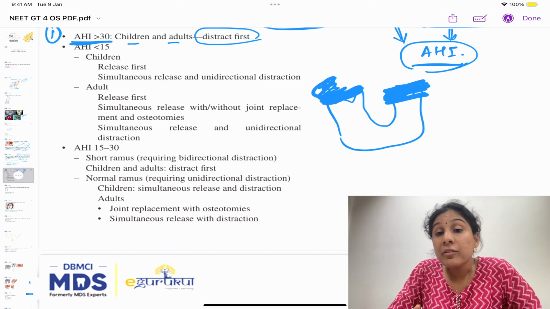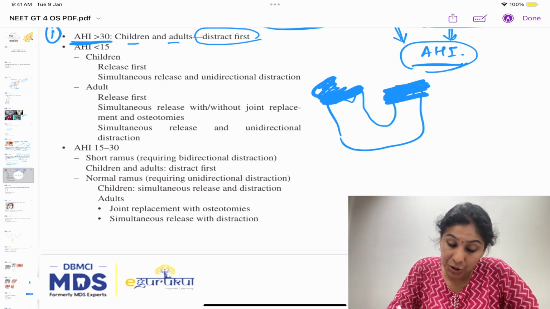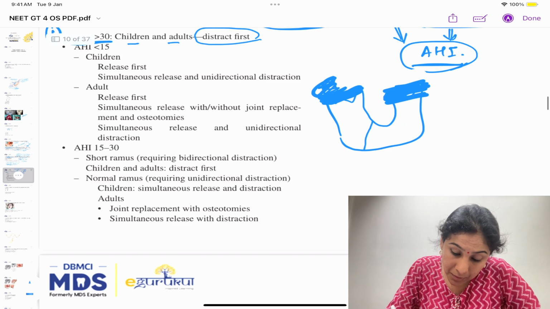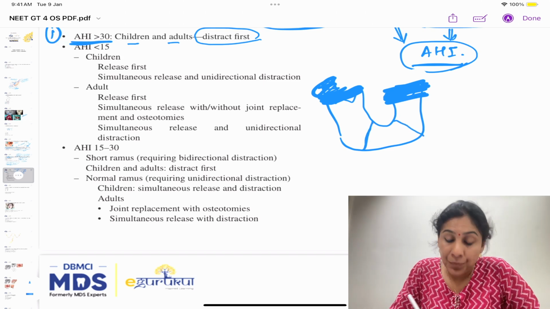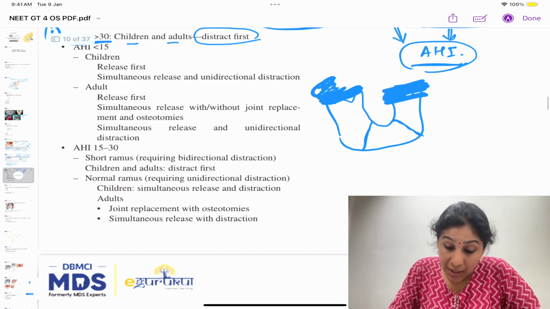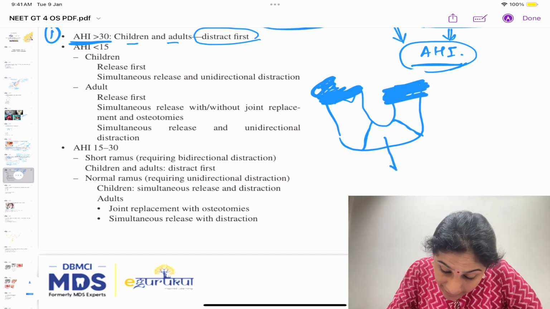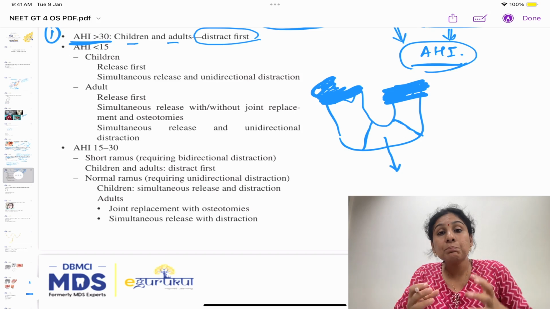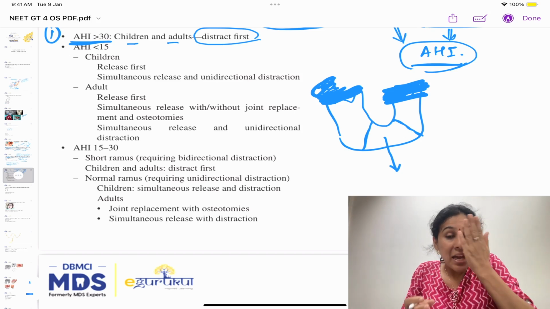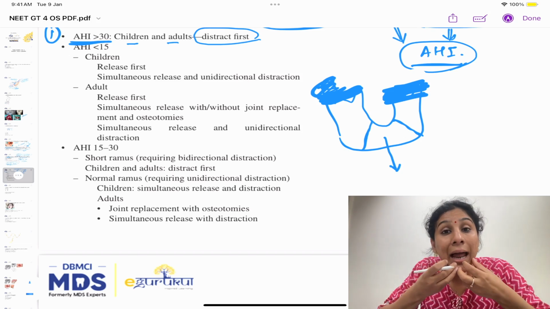Okay, we will do another type of distraction which is known as body distraction. We will do osteotomy here, we will do osteotomy here, and we will distract this anterior mandible forward. Okay, it's a simple linear osteotomy and distracting the mandible anteriorly.